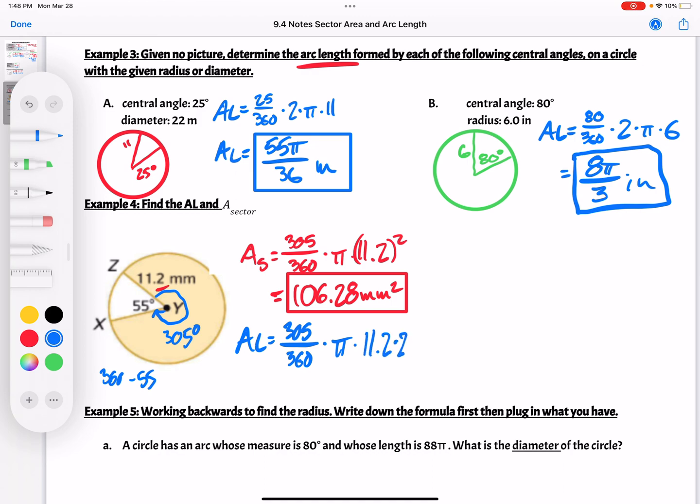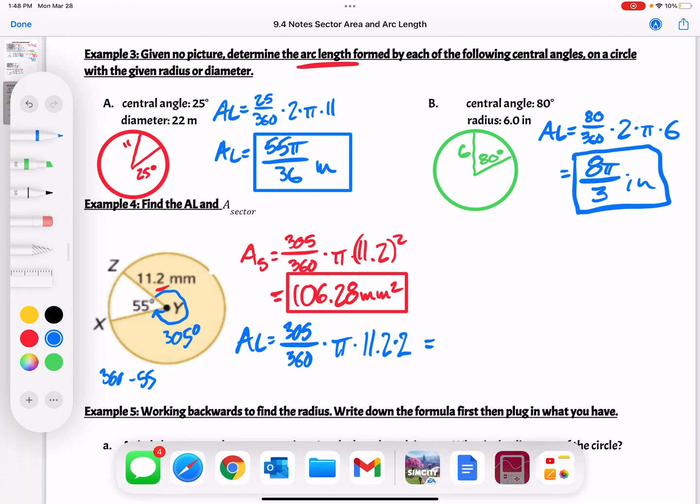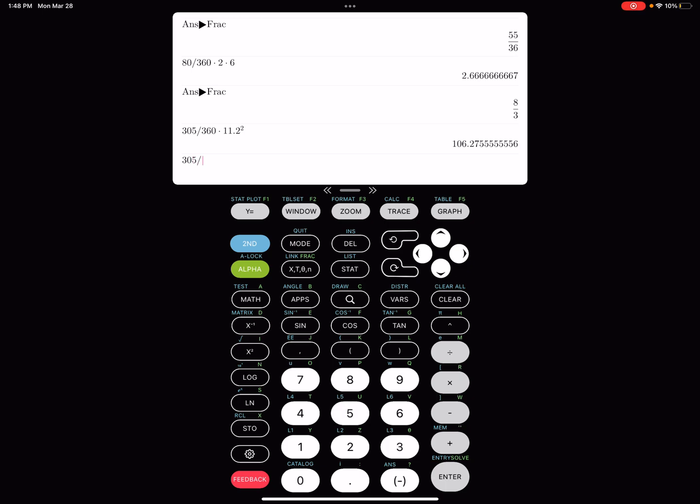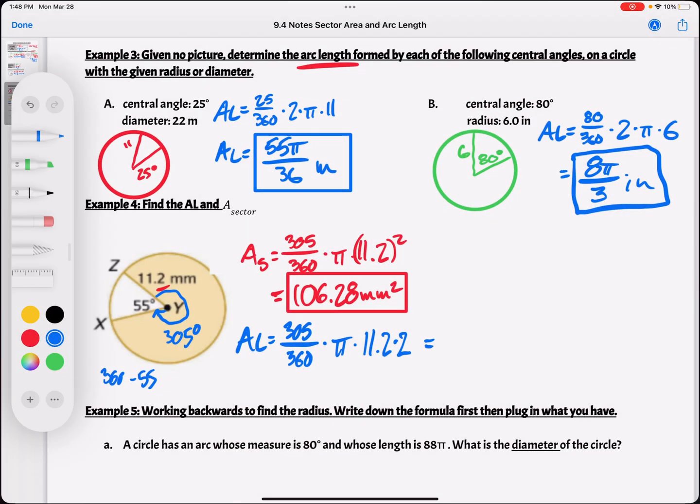And our arc length is 305 divided by 360 times pi times 11.2 times 2. Let's see. 305 divided by 360 times 11.2 times 2 gives us this number, 18.98. Again, I could put that into a fraction, but it's going to be pretty gnarly. 18.98 pi. Oh, shoot.